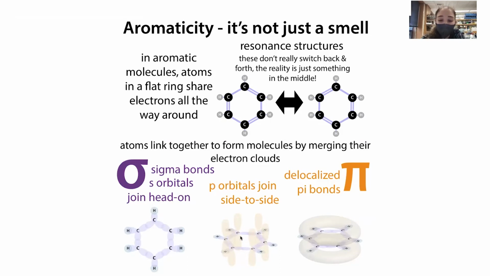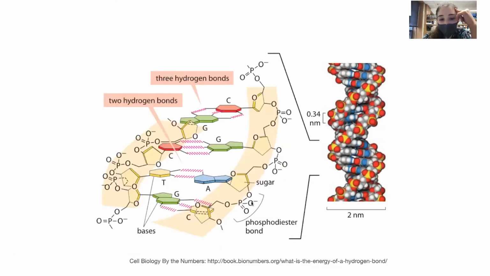And so it involves stuff that's too complicated to get into here, but it involves these p orbitals, which are located above and below the plane of the ring. So when we have these pi bonds and aromaticity in these rings, what can happen is that you have all this electron density above and below these planes.